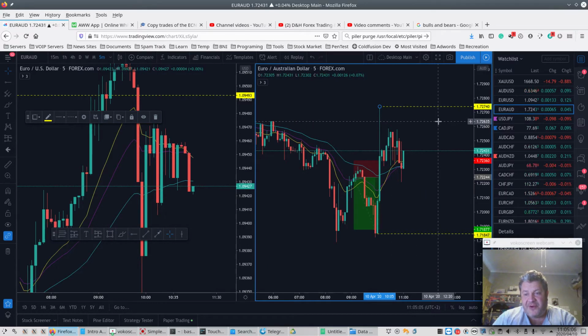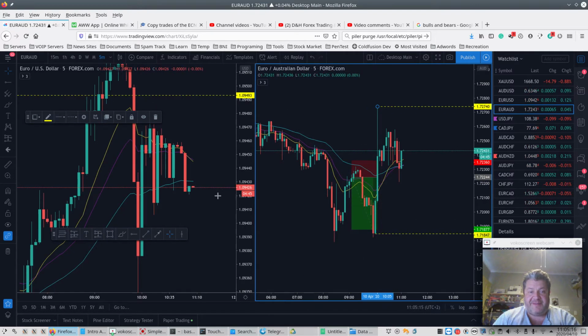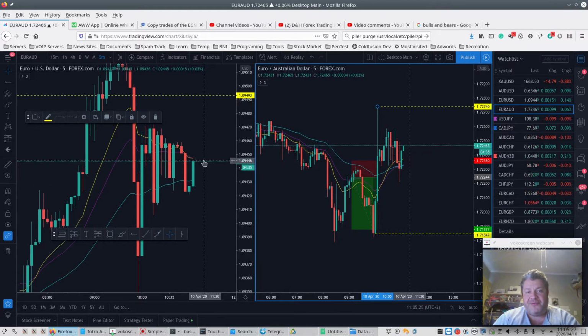So if you went from 184 to 274, that is a lot of movement for a 10-minute interval, because this is a 5-minute chart. As you can see now, it just went up from 42 to 44. It has a 2 pip move in less than a second. You just saw it go up.